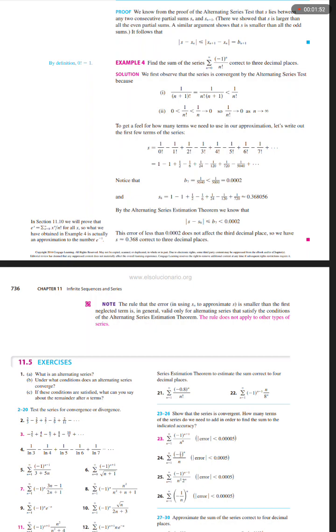To get a feel for how many terms we need to use in our approximation, let's write out the first few terms of the series.